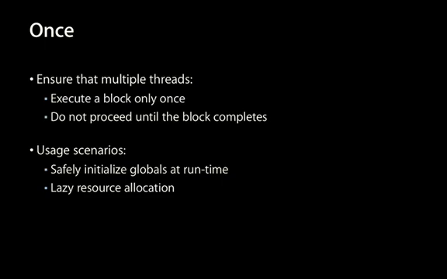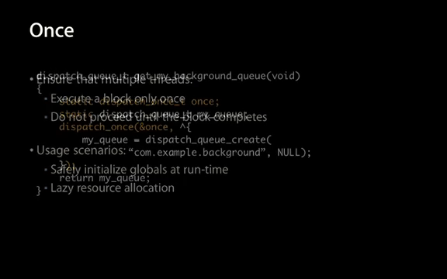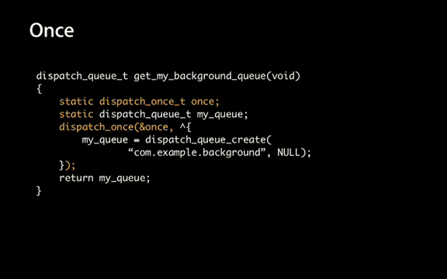So we're guaranteeing that it's executed only once, and that it has run by the time we get further in the code. You might use this to safely initialize some global variables. It's particularly useful for lazy initialization. Maybe you'll need to use that global, maybe you won't, maybe it's expensive to initialize. Well, there's an API that'll help you with that, and that is the dispatch once API.